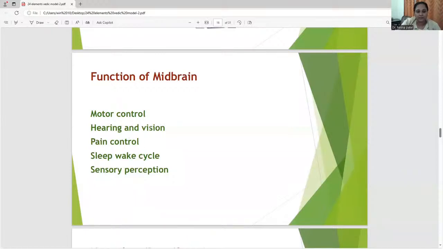Hearing and vision, all know, I think, and the sleeping cycle is sometimes damaged, and it's a very difficult problem, and sometimes we are not able to resolve it with medication also. But if we resolve the unprocessed experience, then the nervous system and mind calm down, and gradually you can resolve the sleep issues.